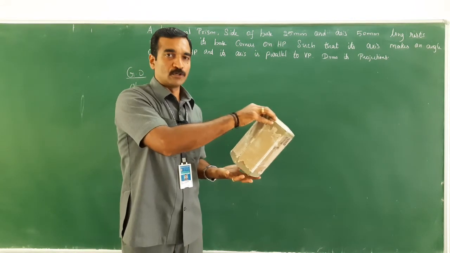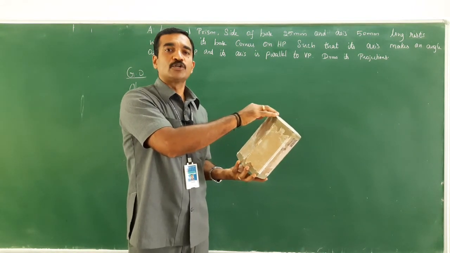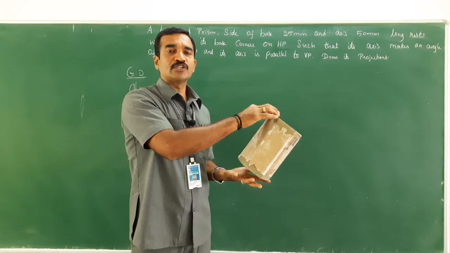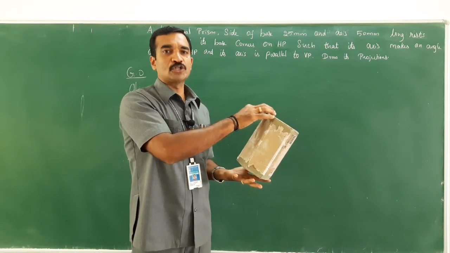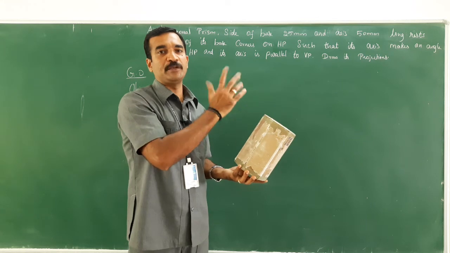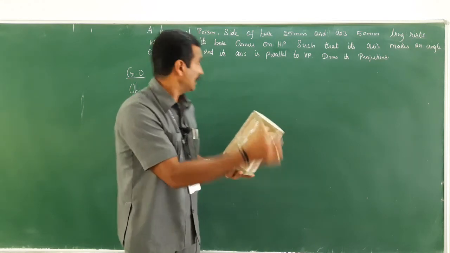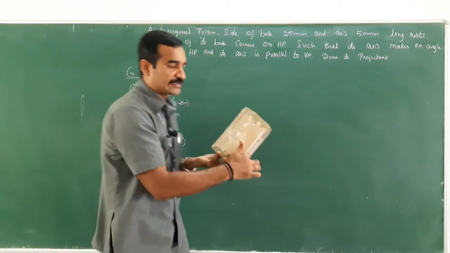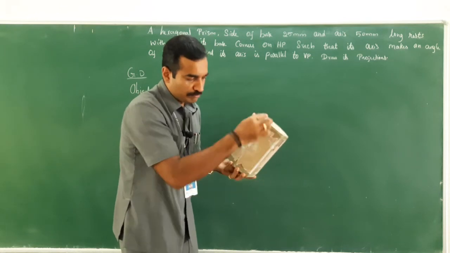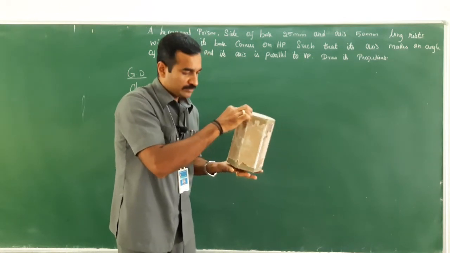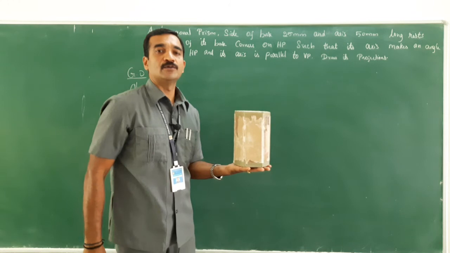This is the final position. In order to get the true shape, the axis should be perpendicular to any one of the planes, whether HP or VP. But here the axis inclination is 30 degrees. Therefore, in order to make the axis perpendicular, this is how.